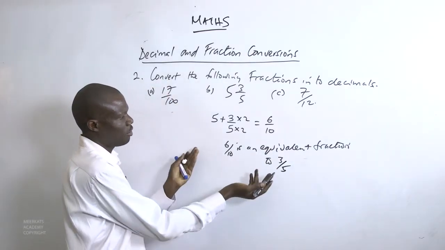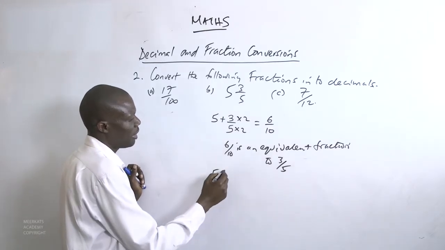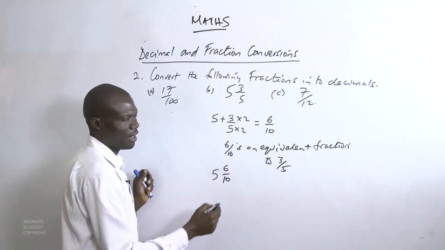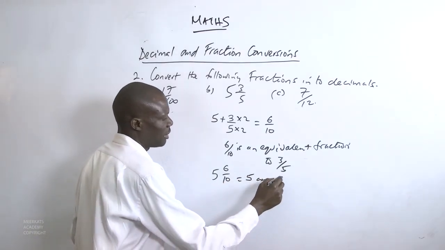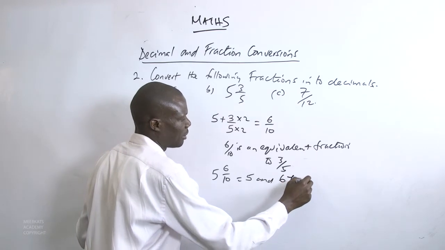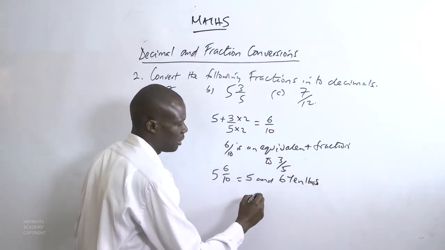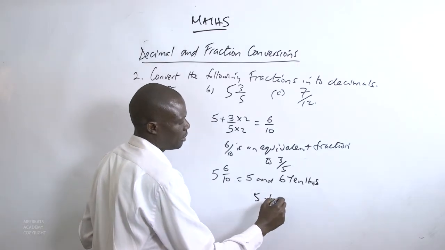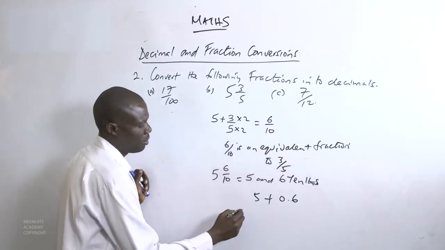So we haven't changed anything, and what we have here is 5 and 6 over 10, which is the same as 5 and 6 tenths. And 6 tenths is the same as 0.6.